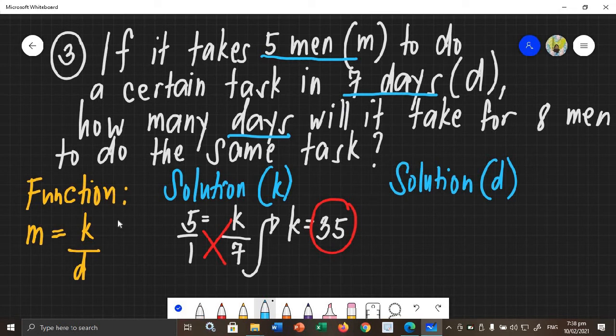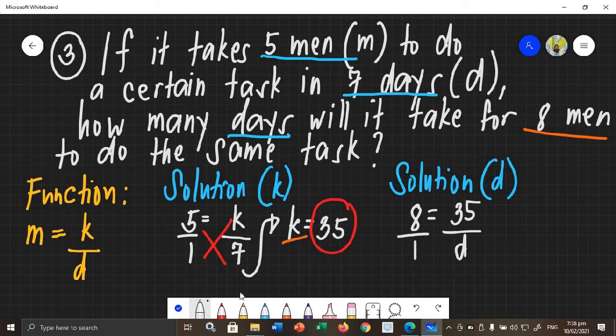So using the same function, gamitin natin to solve the number of days, yung value ng constant, and yung pangalawang value ni M, which is 8, no? So M is 8, so 8 equals, K is 35 over D, kasi si D yung nawawala.